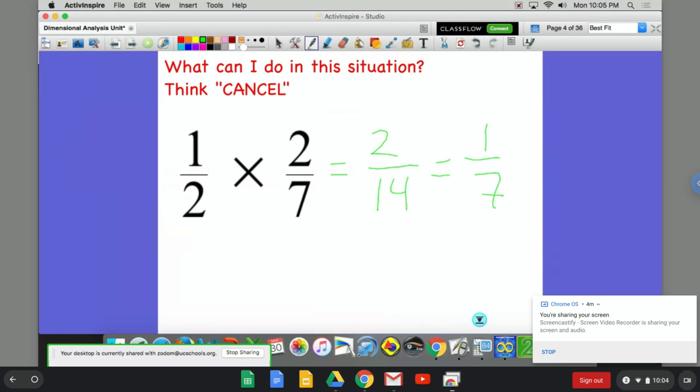But there's an easier way to actually get there, and that's why I wrote think cancel. So if we look at this again, we have a 2 on the bottom, and we have a 2 on the top. So since we have the same term on the top and on the bottom, what that means is that we can cancel those terms because it's basically the same thing over itself.